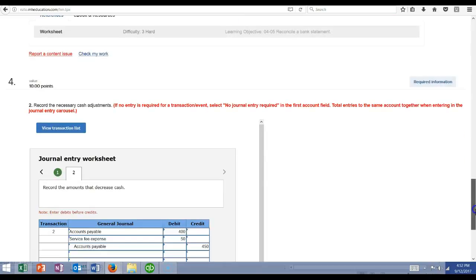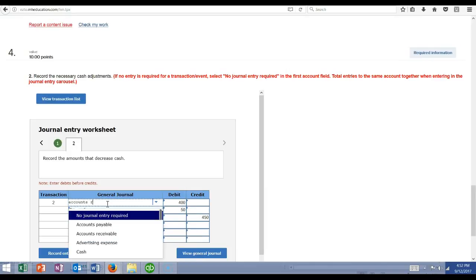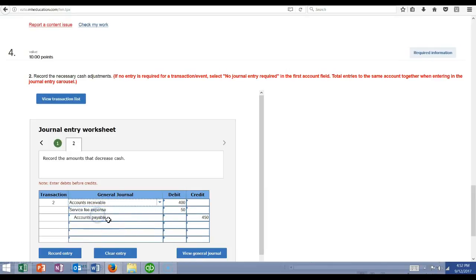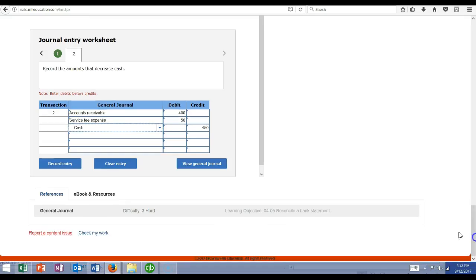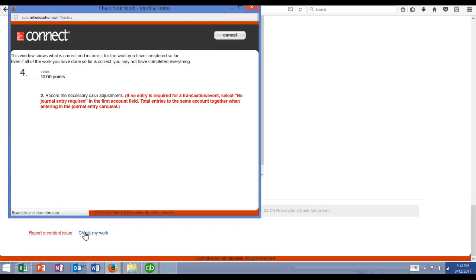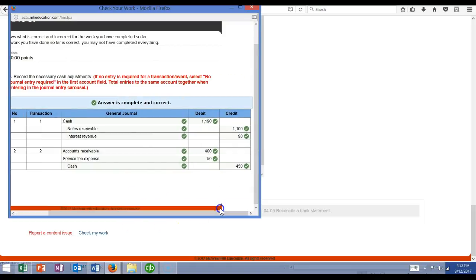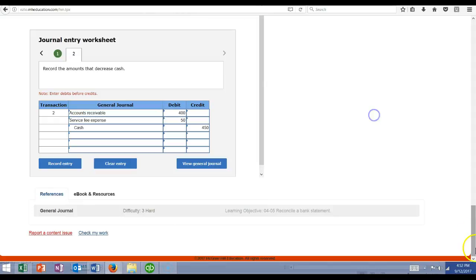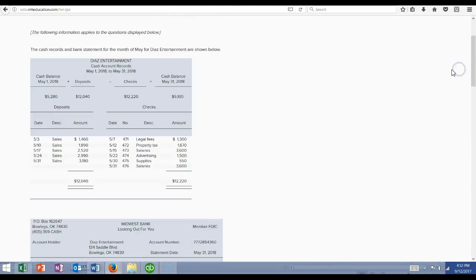Oh, I screwed up and put accounts payable, not accounts receivable. I put the wrong thing. This should be cash. I wasn't paying attention. I'm just trying to get by with it and move on to the next, and here I had typed in something goofy. Sorry about that. That's what I meant to say, and then I typed in something else. So there you see how you complete the next problem.